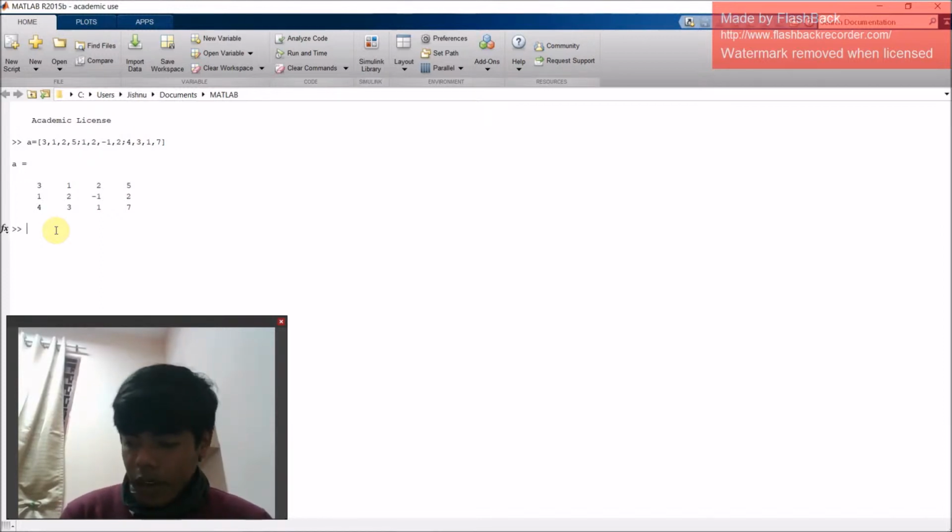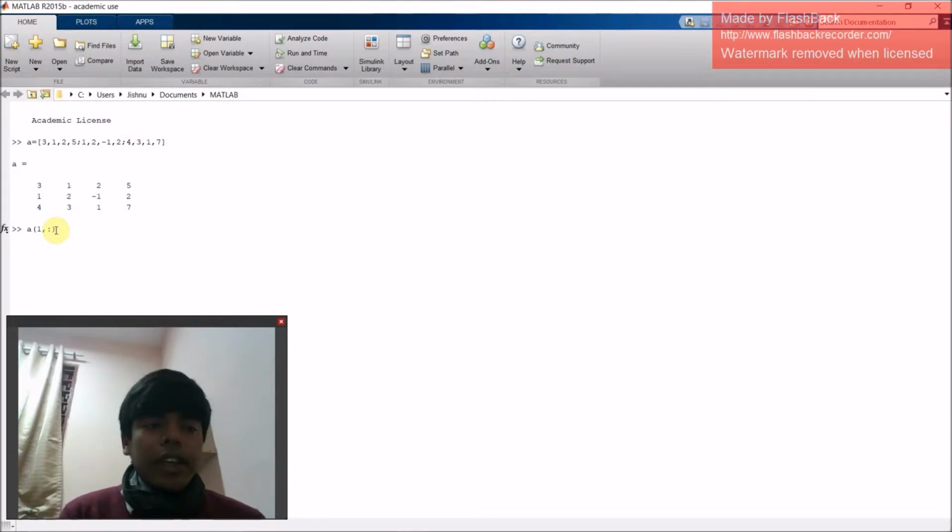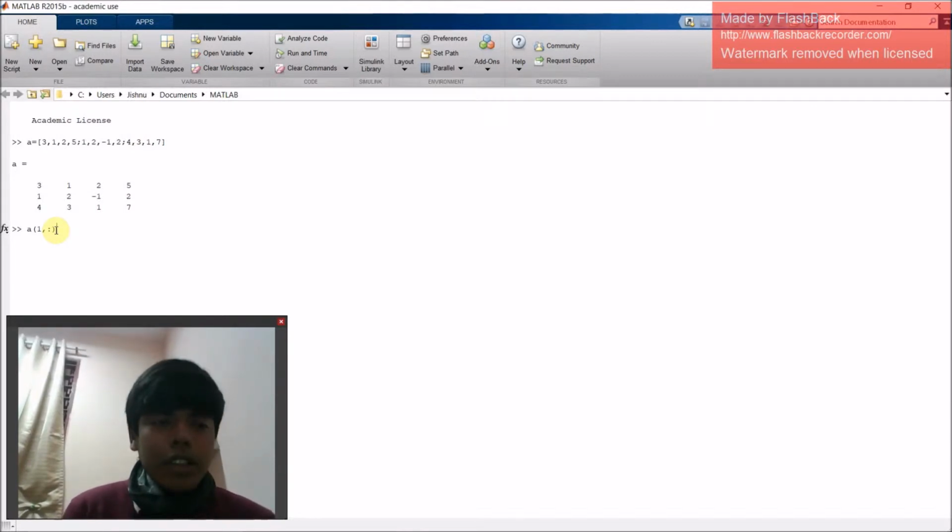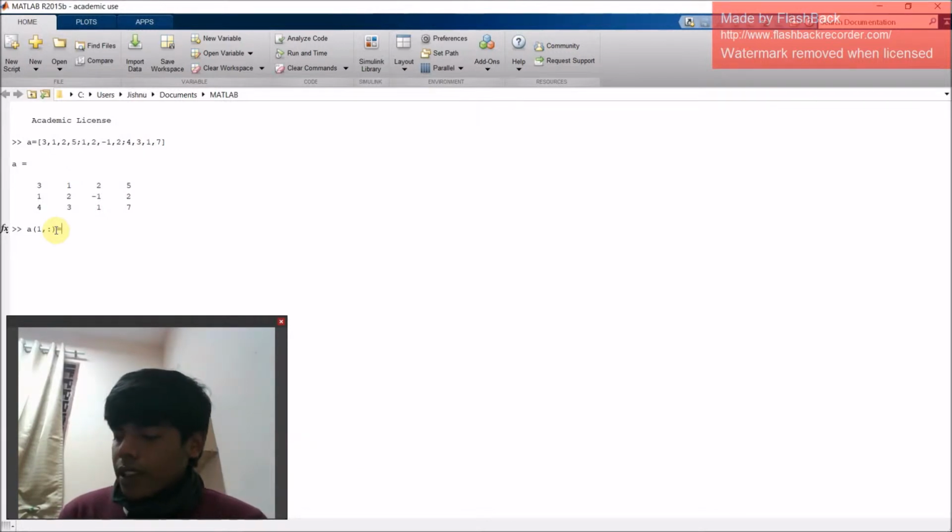The first row. So essentially what we've got is A within brackets 1 comma 1 comma colon. What this does is we are essentially changing the first row, every element of the first row. That's why we've got the colon in the column part. So we are changing every element of the first row, and how we're changing it is we are dividing every element by 3.